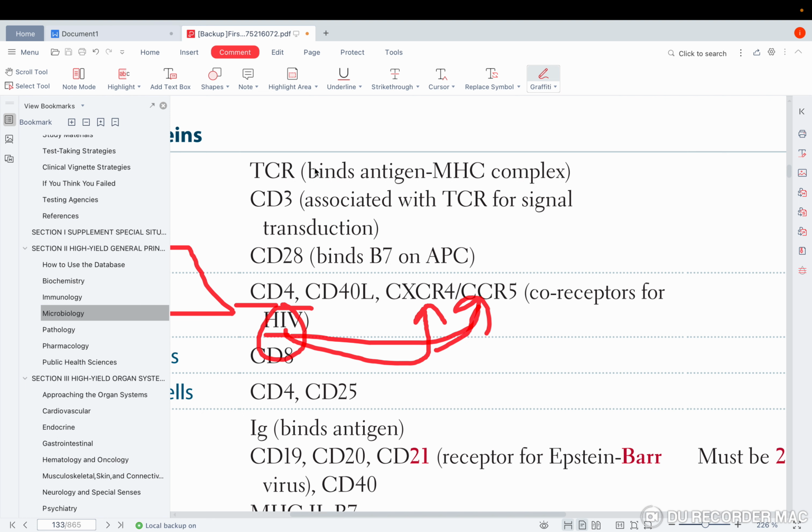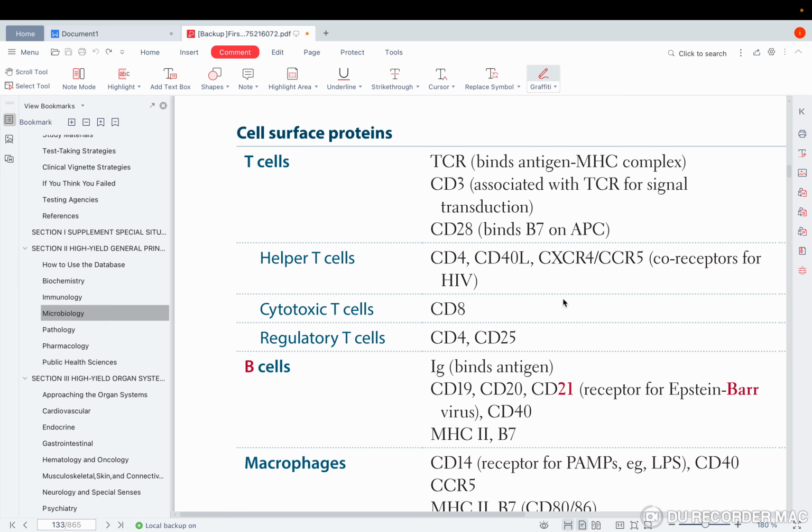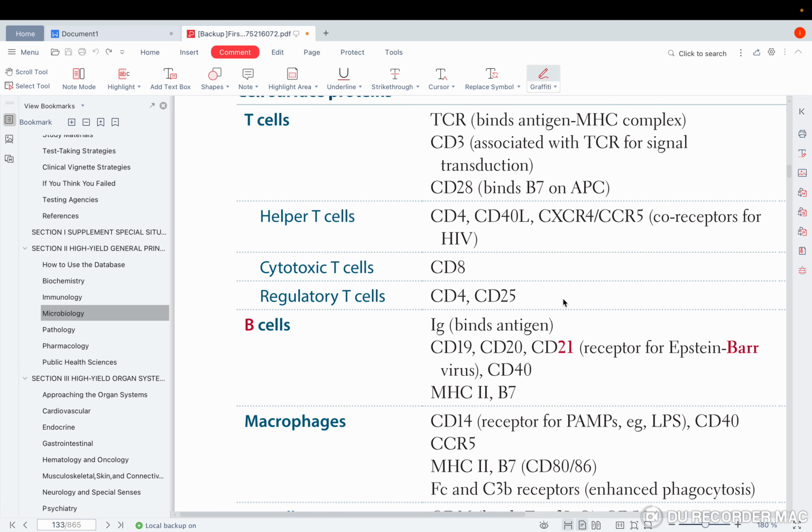So if this lady, for example, does not have this receptor, can she have HIV? No. That means she's immune. Is it possible to be immune against HIV? Yes, it's 100% possible if you have a mutation of this receptor and they are not working.